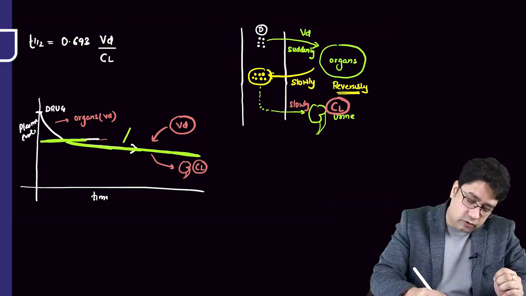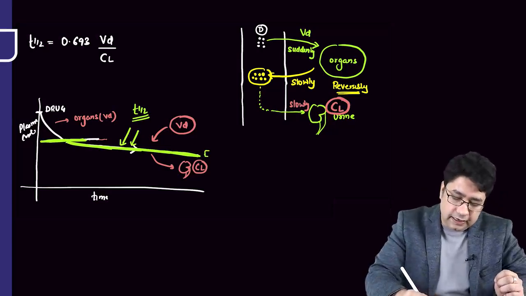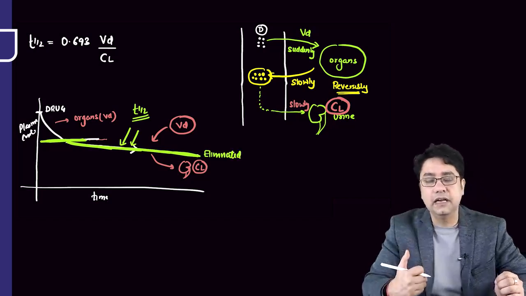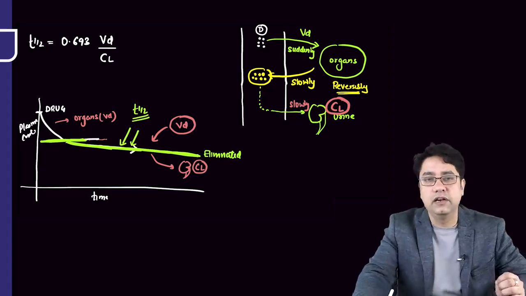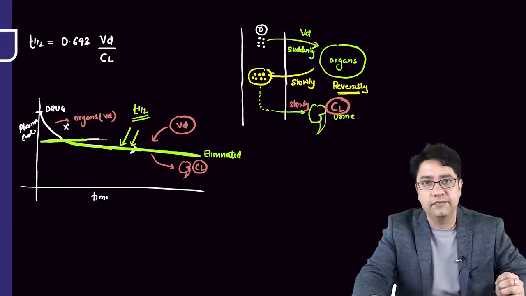We start calculating half-life from here, because now the drug is only getting eliminated into the urine, and the drug is coming into the blood from organs. So in this phase we calculate half-life. This initial phase we don't calculate half-life.